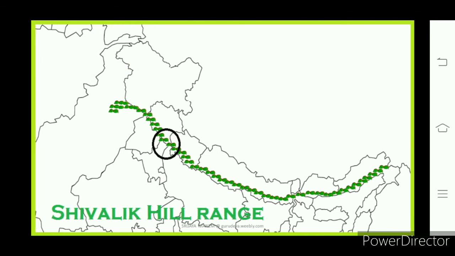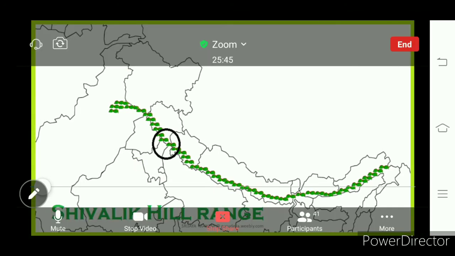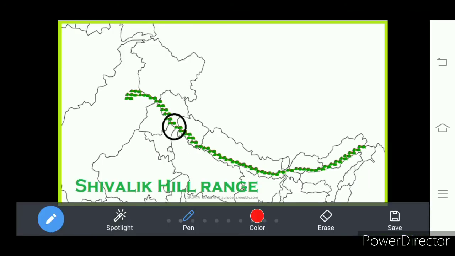Here we know that the Himalayas are there. Okay, let me draw here. These are Himalayan mountains, right? So what is the importance of these Himalayan mountains? Do you know that these Himalayan mountains are the reason for protection of India?